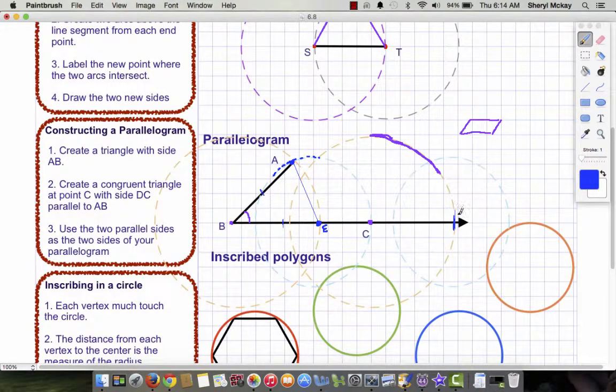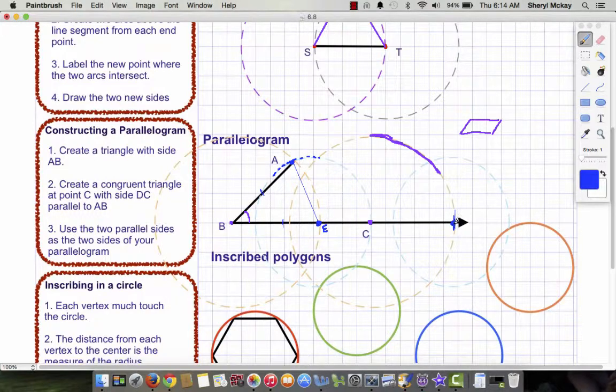So I'm doing the same thing. I'm going to create this point here, but I need to find out where up here this point is going to be. So I have to take my compass and measure from A to E to get that distance.